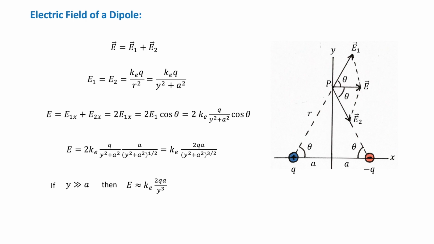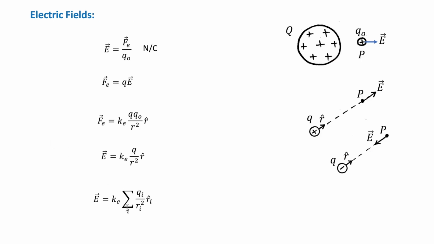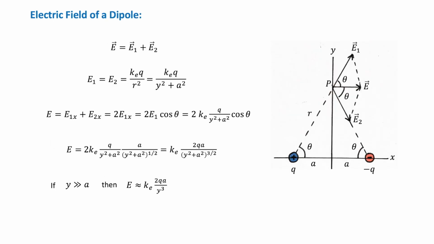So here we have two source charges, so we may use the equation here where i is equal to 2. And you will see that in many problems of electricity and magnetism, the symmetry of the problem can really simplify it.